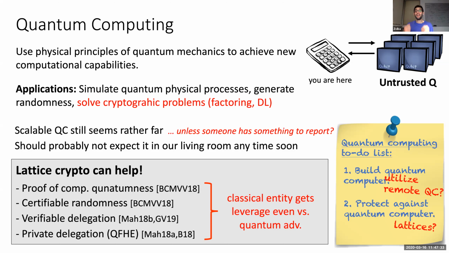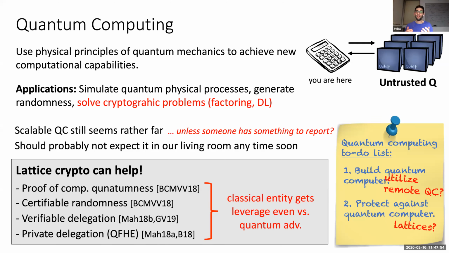And it turns out that you can use lattice-based cryptography in the obvious sense that we use cryptography, right? Cryptography gives a weak entity leverage even over some stronger adversary. And if you have quantum resilient cryptography, then you get leverage even over quantum adversaries.